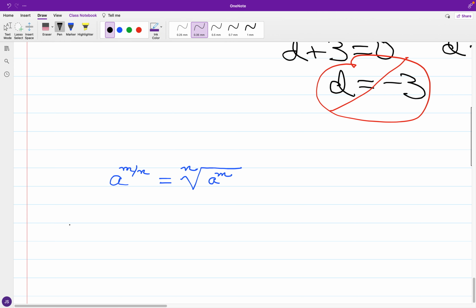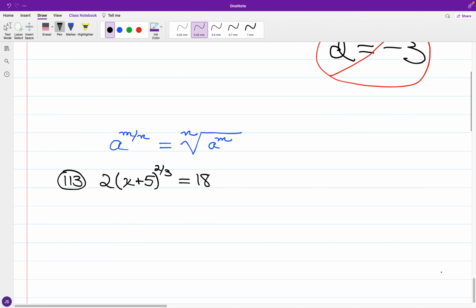Now, for what we have in the case of equations consisting of non-integer exponents, let's say we have 2 times the quantity of x plus 5 raised to the 2/3 is equal to 18. Okay, and I can do here, your base a is represented by x plus 5, m over n, we have 2/3.